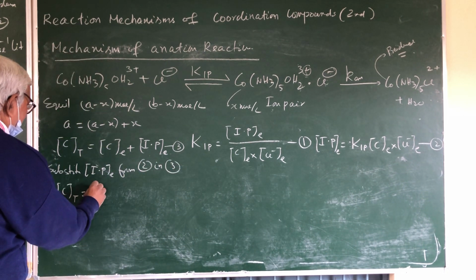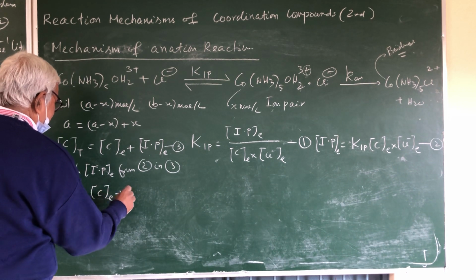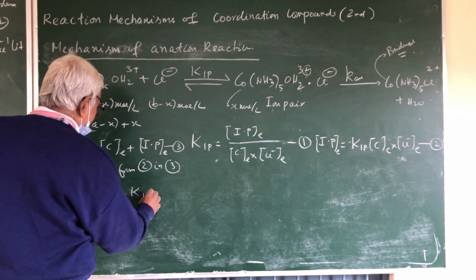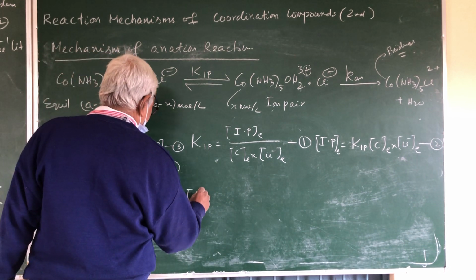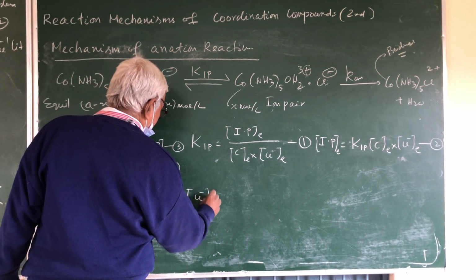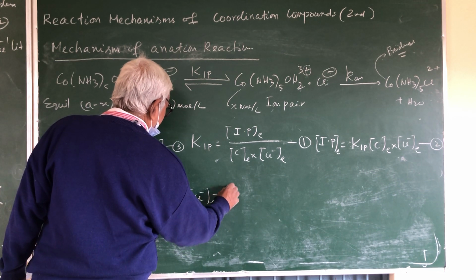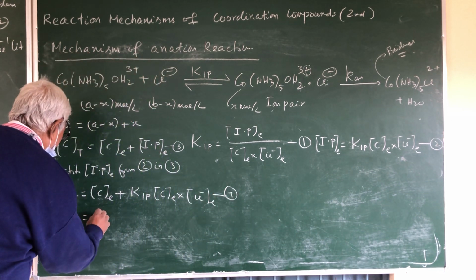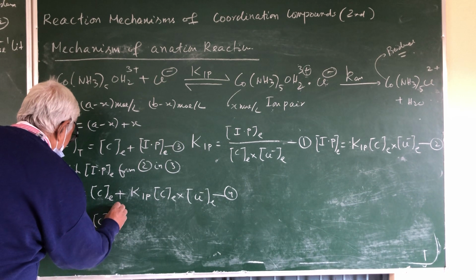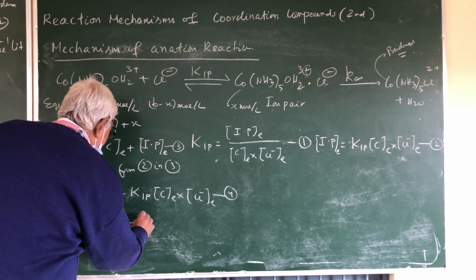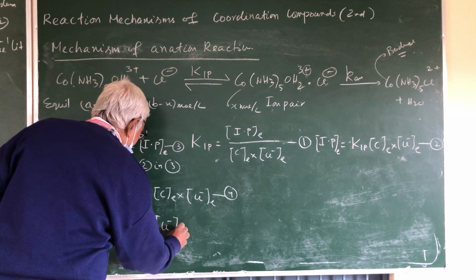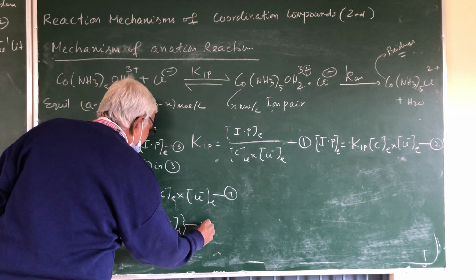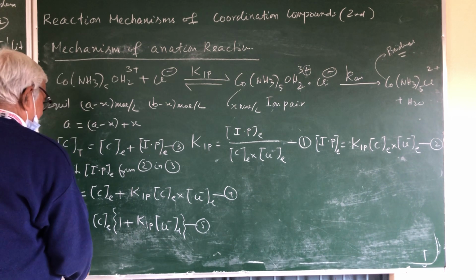Complex total will be equal to complex equilibrium plus K IP into complex equilibrium into chloride, equation 4. Complex equilibrium is common, 1 plus K IP into chloride equilibrium, equation 5.